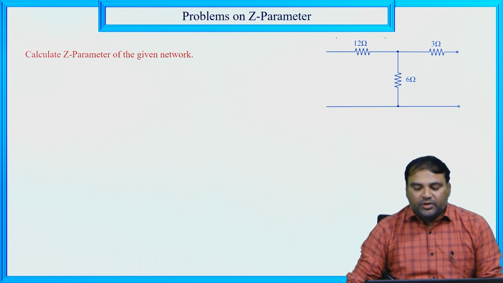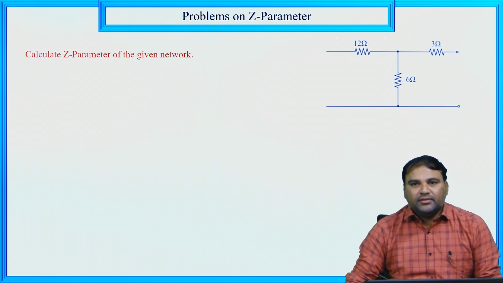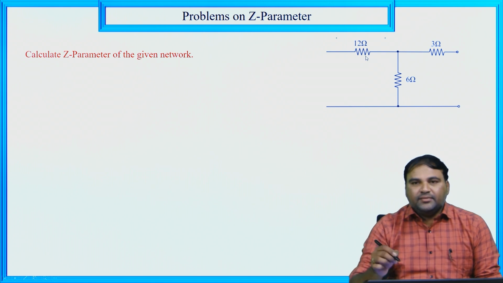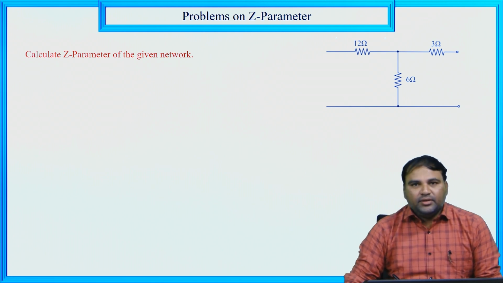Right. So here I am taking one circuit, one T network. So this looks like a T. In this T network, we have to calculate the Z parameters like Z11, Z12, Z21 and Z22.